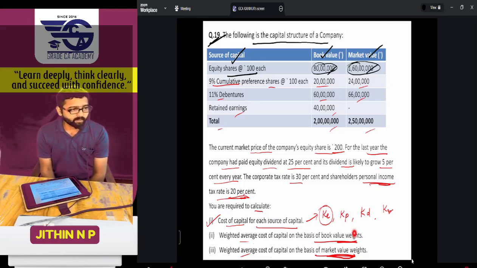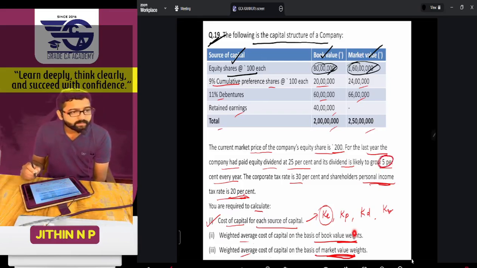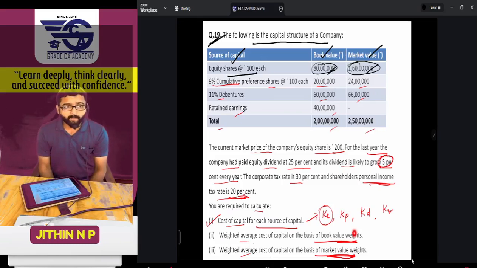And the CAPM model. In this question, which method will you follow? Growth rate is given, 5 percent. The formula with growth rate is K is equal to D1 divided by P0 plus G. Clear?